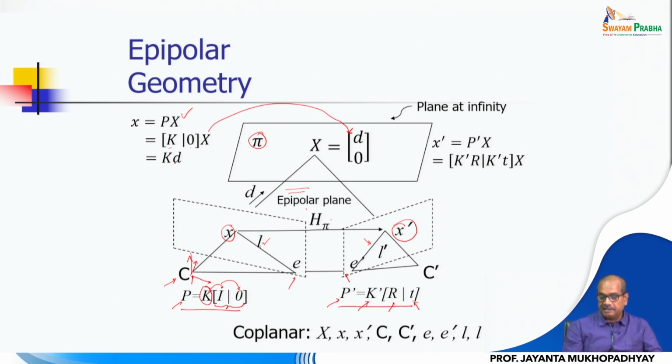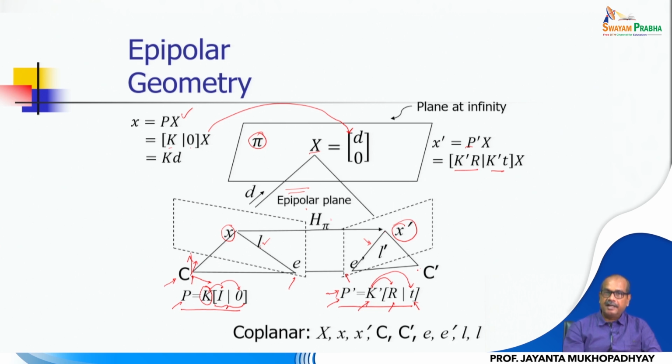Similarly, if I consider x prime, that means this point, it is an image of the same scene point, where I will apply P prime, this projection matrix. P prime can be expressed as K prime R and K prime t, which means I will take K prime inside these expressions and simply multiply.